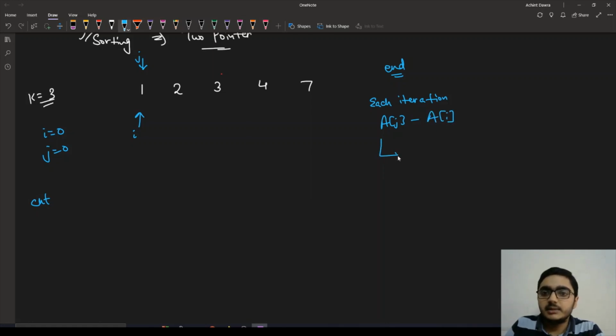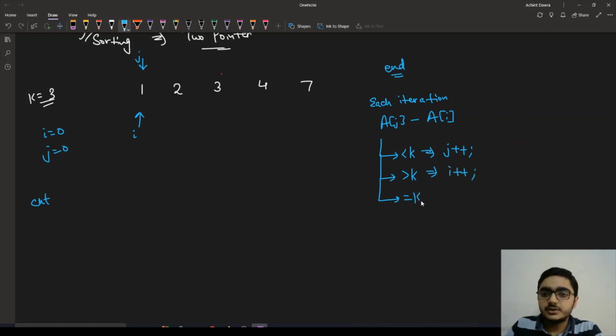Now there can be three cases. If this difference comes out to be less than k, we need to increase the difference so that it becomes closer to k, so we increment our j pointer. If the difference is greater than k, then we need to reduce it to get closer to k, so we increment our i pointer.